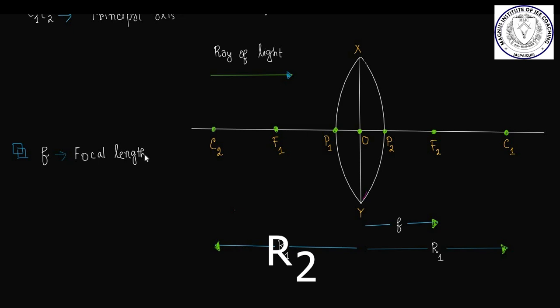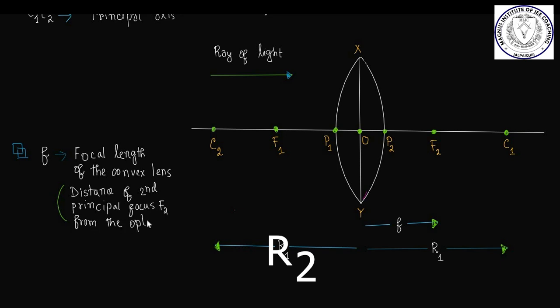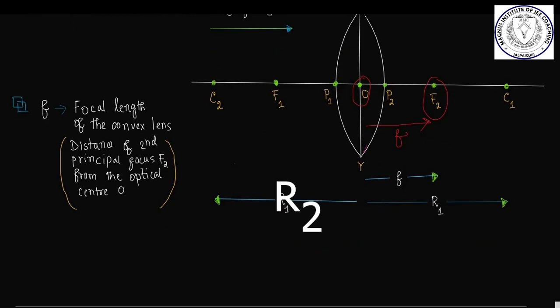Small f is the focal length of the convex lens, which is the distance between the second principal focus F2 and the optical center O.